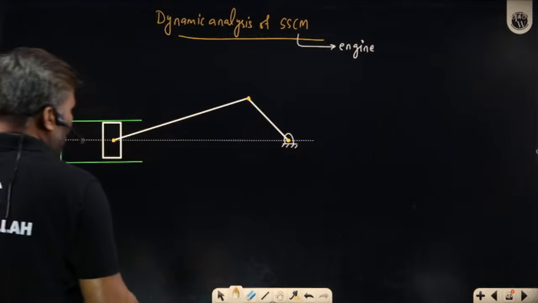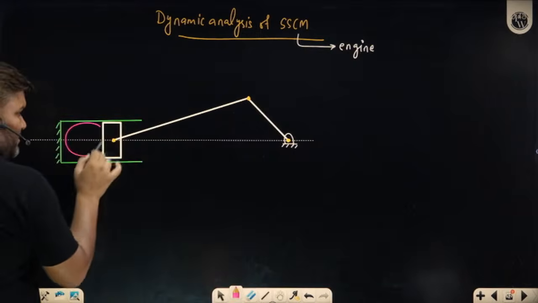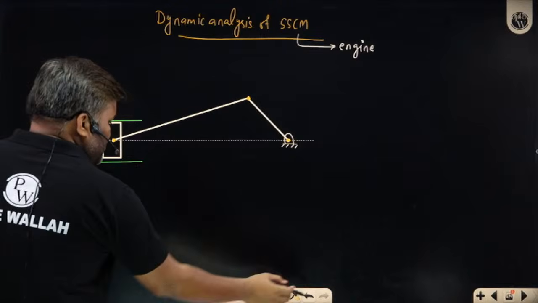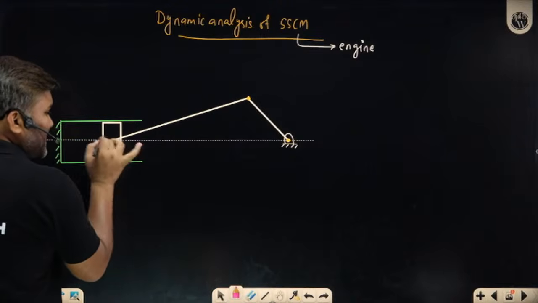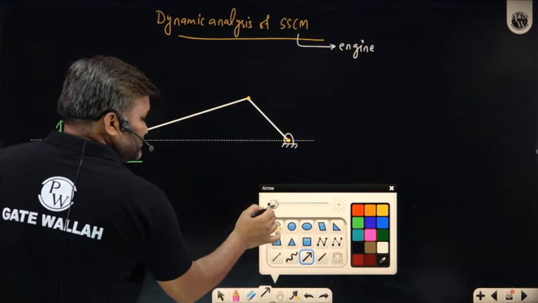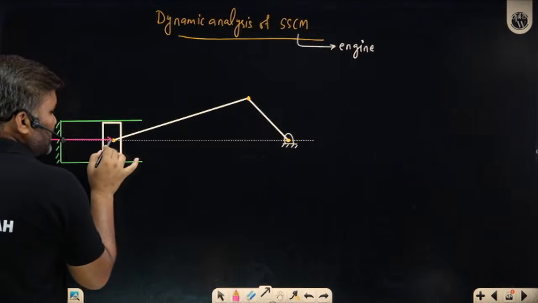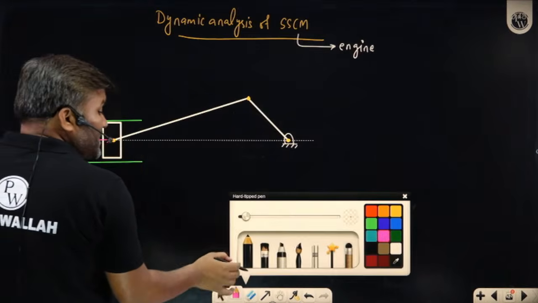It is an engine, so obviously there will be some forces acting on it. On the piston there will be some force acting, and the net force acting on the piston is given to you in the GATE examination. We call it the piston effort.